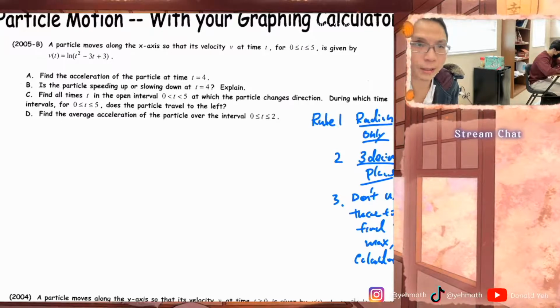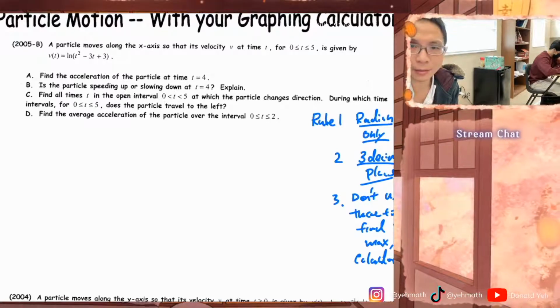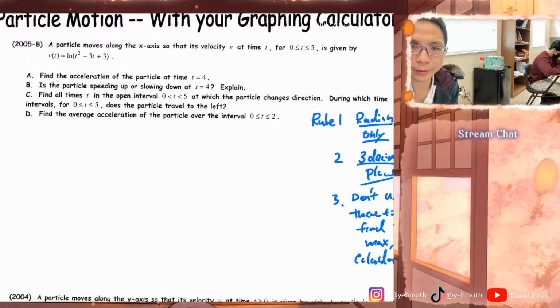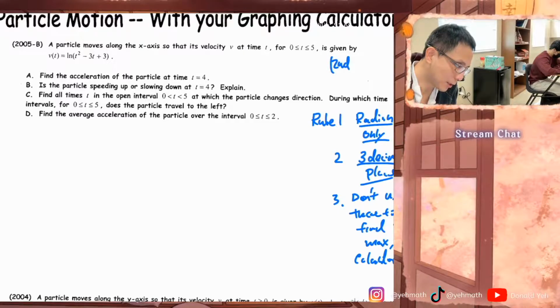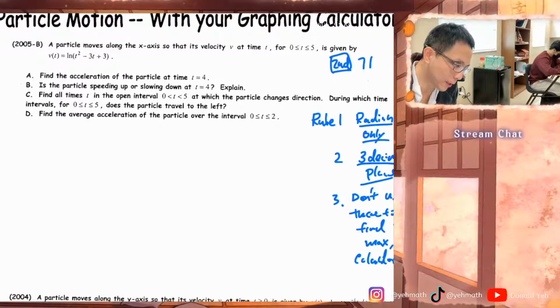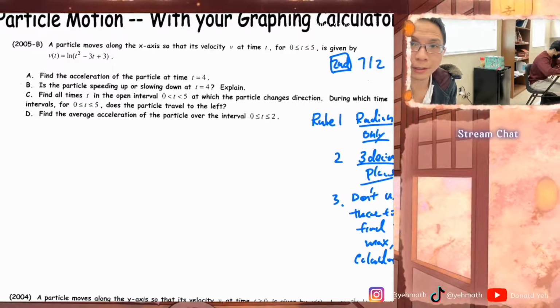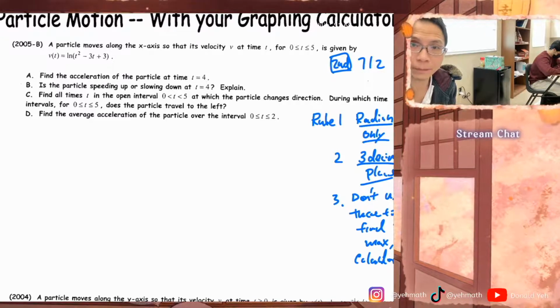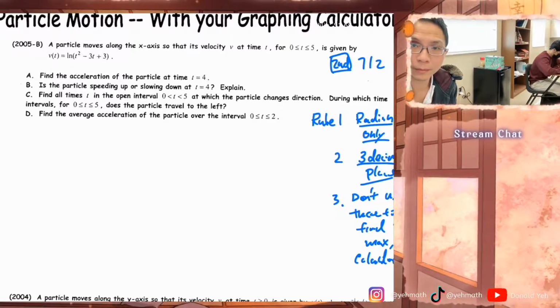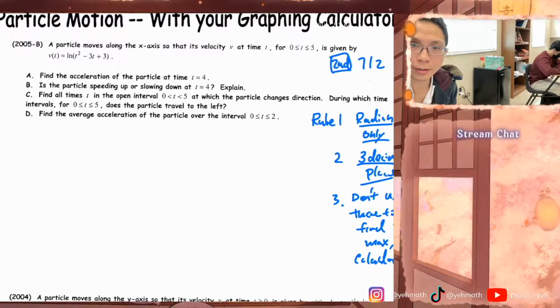Here's how to reset the calculator. If you ever want to reset the calculator, it's second plus 712. This is only for the TI-84 and only 712. You reset your calculator, and I'm going to reset my calculator. I'm going to type in natural log. Natural log is right here. And x squared minus 3x.